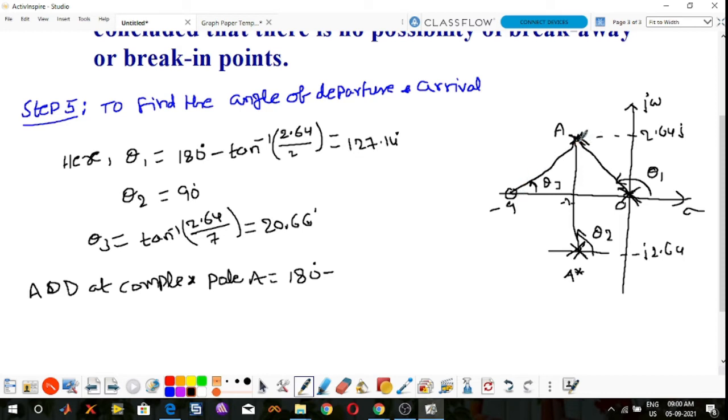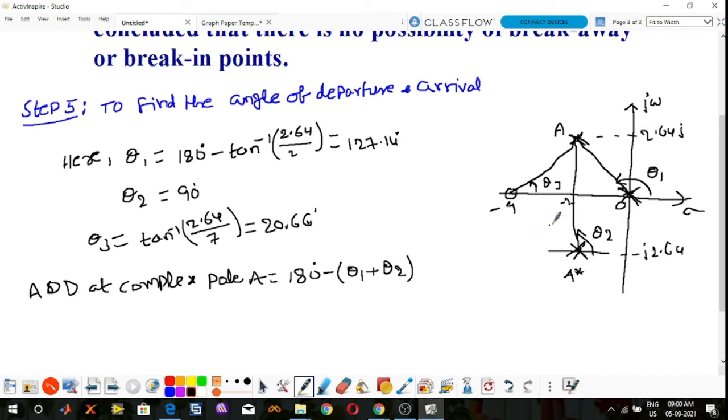So now here we can determine the angle of departure at the complex pole A. What are the other poles? This is another pole and this is another pole. The sum of angles of vectors to the complex pole A from other poles is theta 1 plus theta 2.